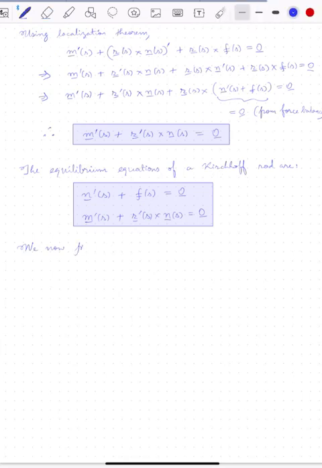We now proceed to derive, or maybe just write down, these equilibrium equations in component form.